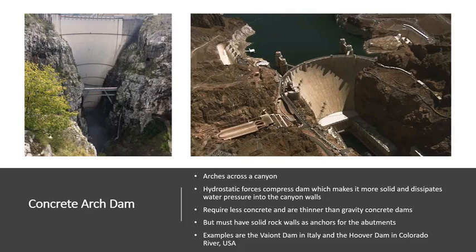So it requires less concrete, but here you actually need a strong abutment side, like typically solid granite or solid gabbro bedrock. The examples here are the Vajont Dam in Italy on your left and the Hoover Dam in Colorado, USA on your right.